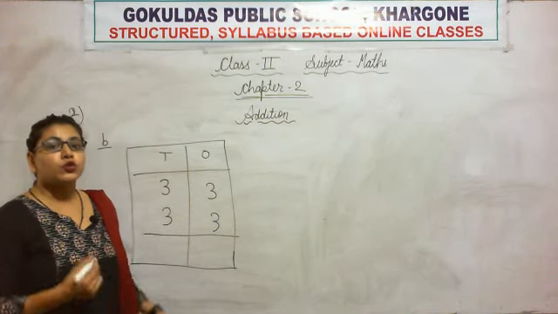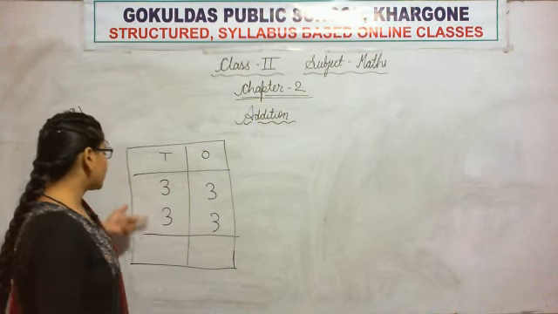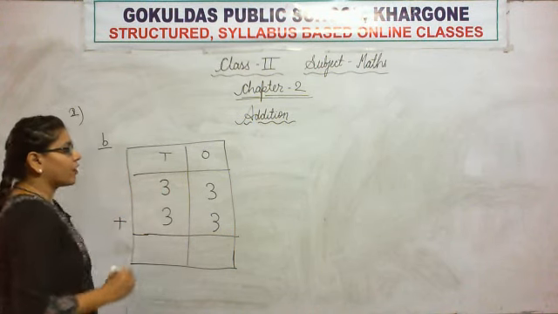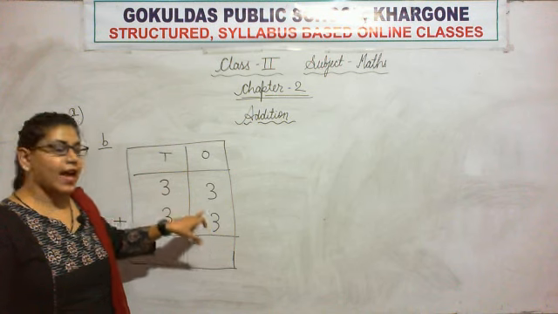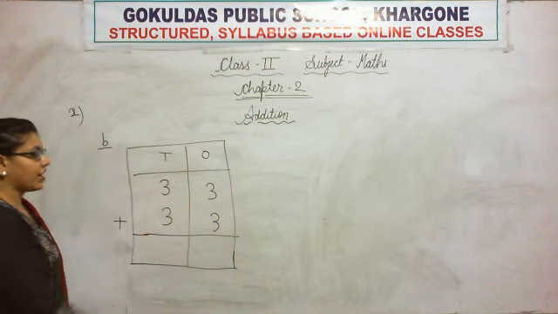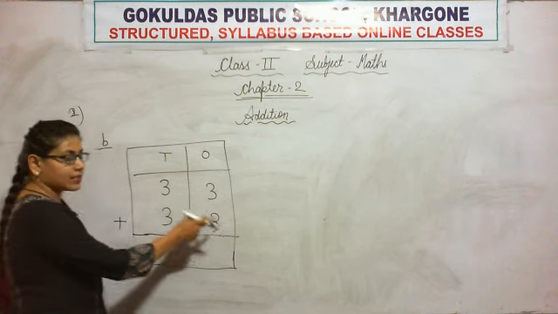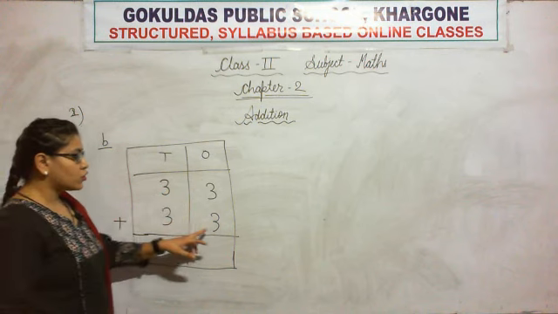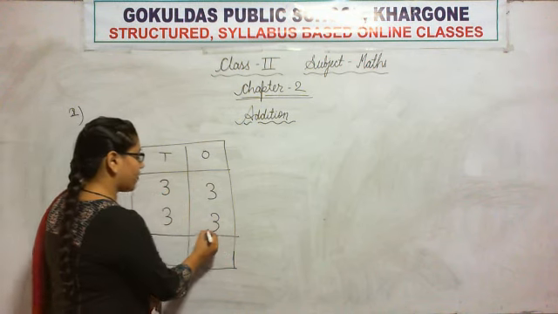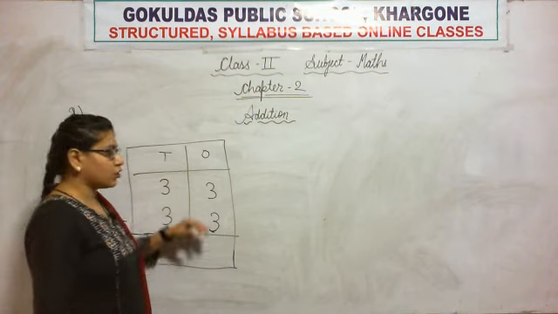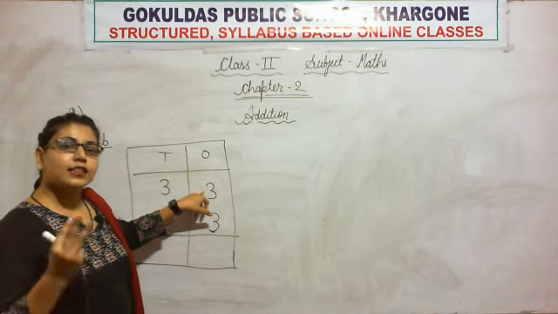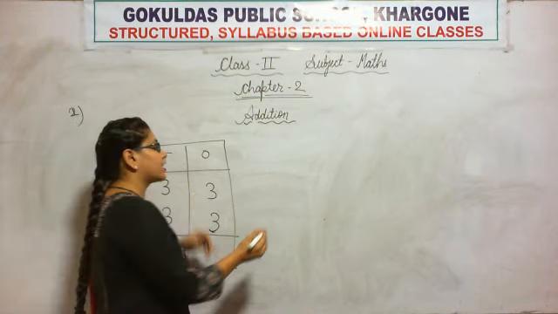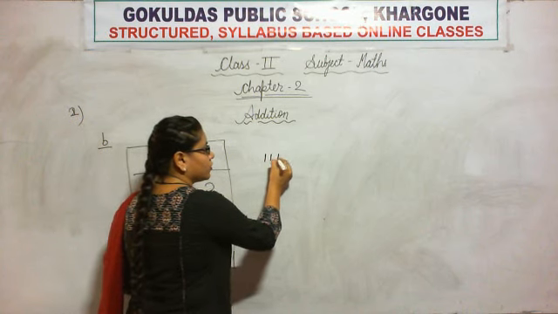Now, how do we add these two numbers? We will add ones in ones and tens in tens. First of all, we will add ones in ones. Which digit is written here? 3. So we will draw 3 sticks: 1, 2, 3.